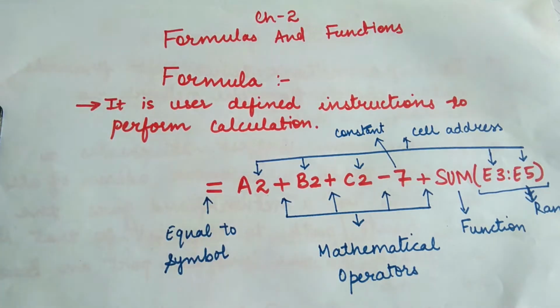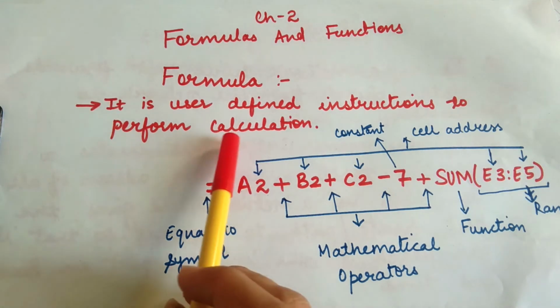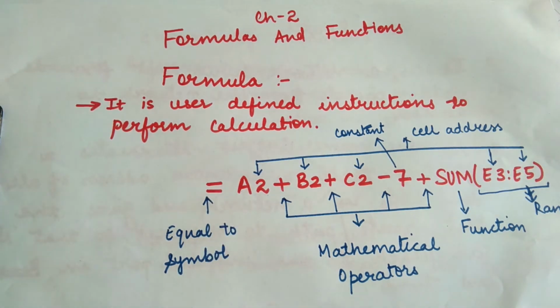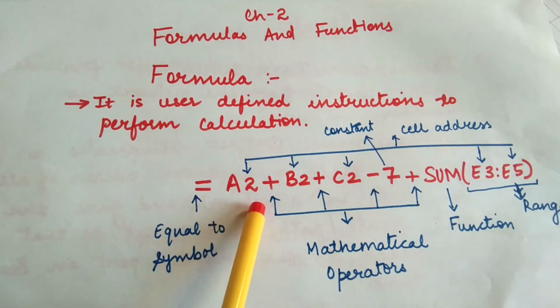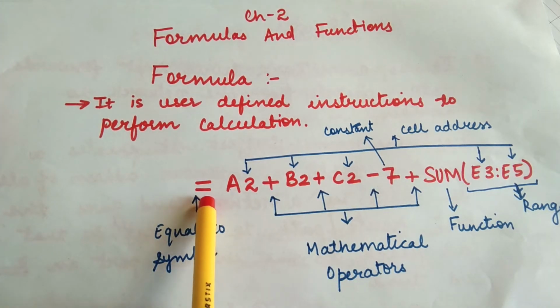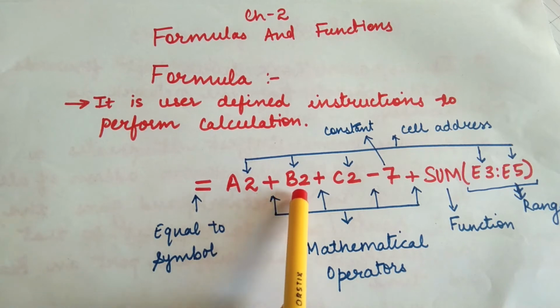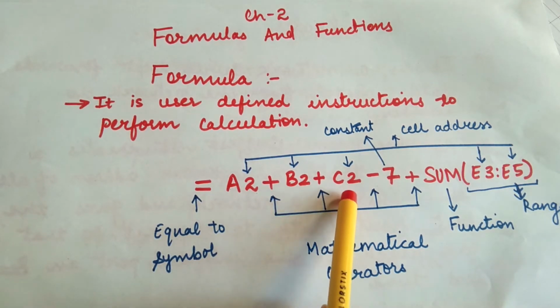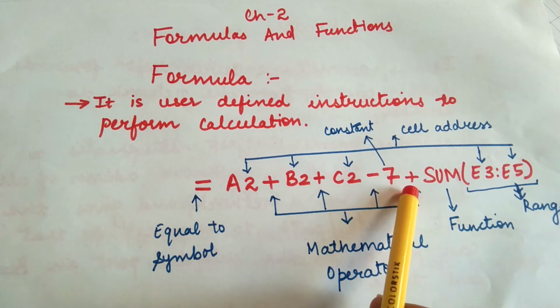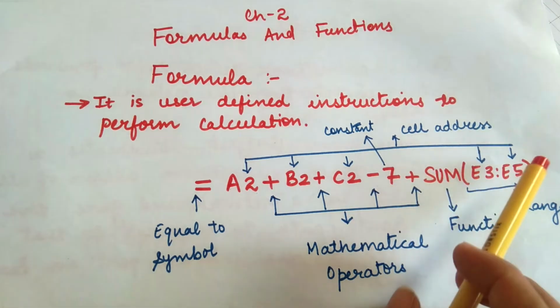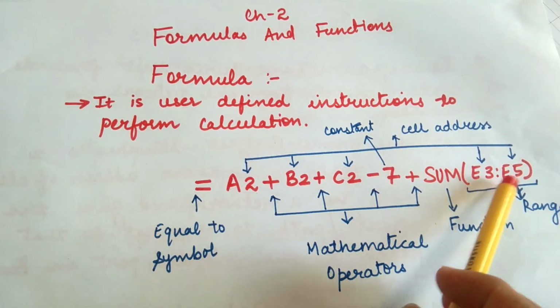So now let's see. Basically, a formula is an expression that includes cell addresses, numbers, parentheses, arithmetic operators, and functions. Let's see an example of a formula and what its elements are. This is how we are going to write a formula: equal to A2 plus B2 plus C2 minus 7 plus SUM(E3:E5).